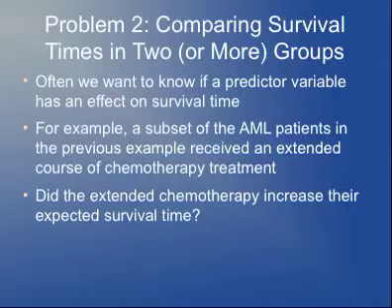Is there a predictor that has an effect on the survival time? In this particular AML example, some subset of the patients received an extended dose of chemotherapy, and we may want to know, if you get the extended chemotherapy, does that increase your expected survival time, or is it not really accomplishing anything?